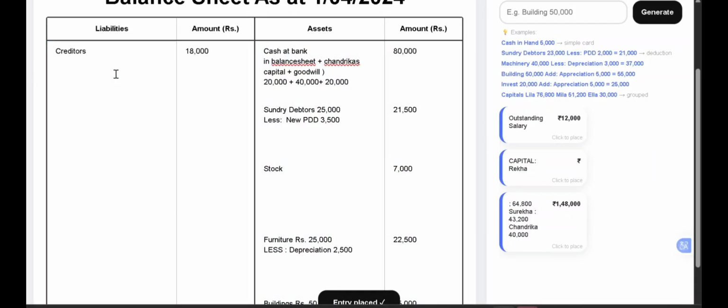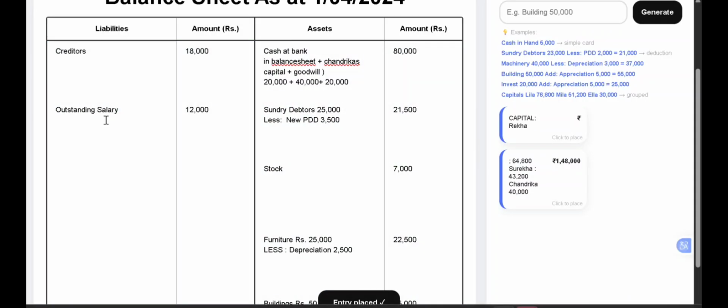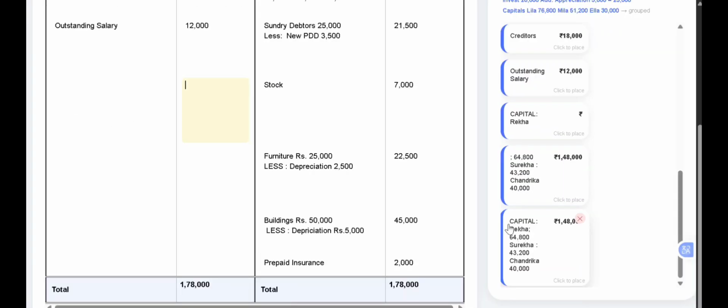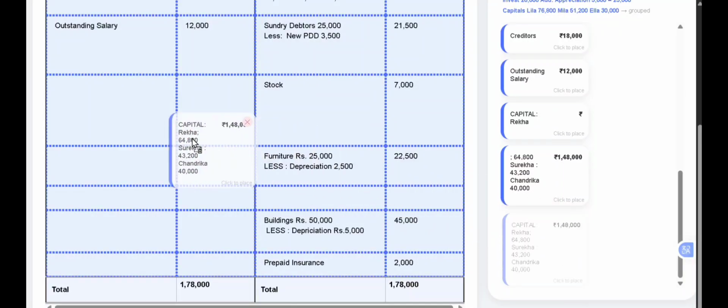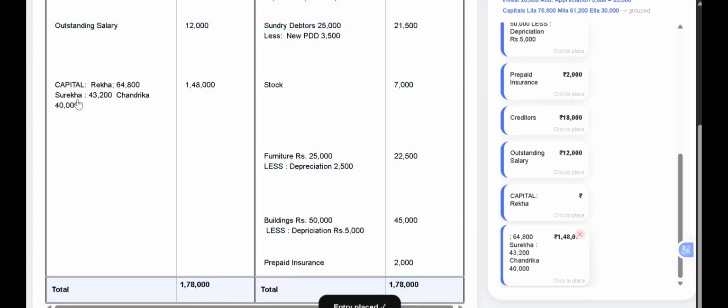Now moving on to the liabilities side, we have creditors. There is no adjustment, so we're going to write it as it is, creditors 18,000. Next we have outstanding salary 12,000, and then the new capital should be recorded here. The new capital will include the new partner, that is we'll have to include all the three partners here.